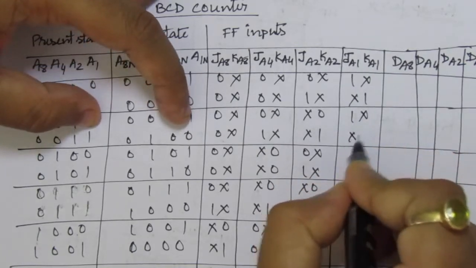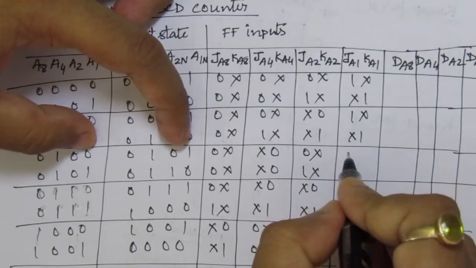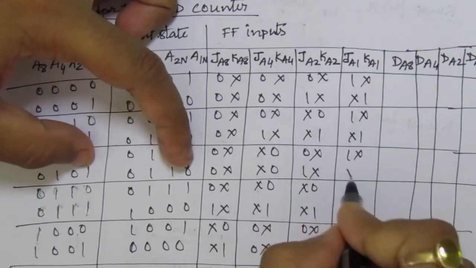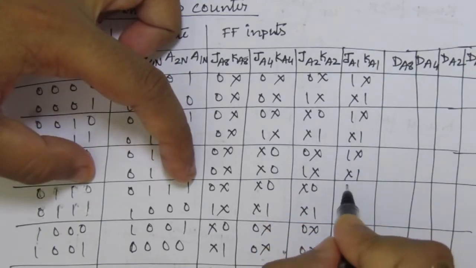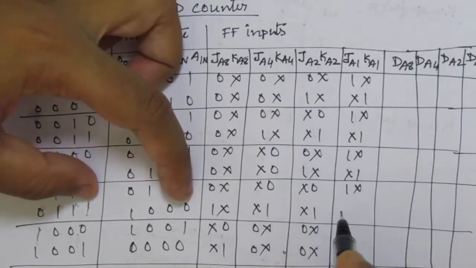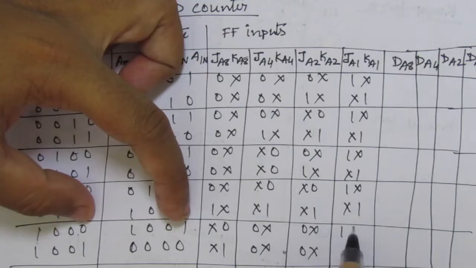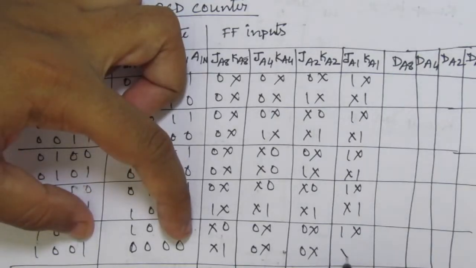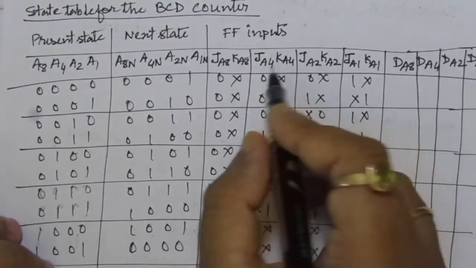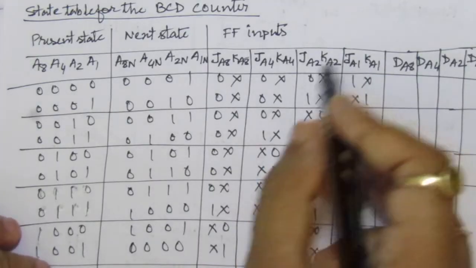Then 1 0, don't care 1. 0 1 means 1 don't care. Don't care 1. 1 don't care. Then don't care 1. 1 don't care. Don't care 1. So we have got all the JA, KA inputs for all the 4 flip-flops.